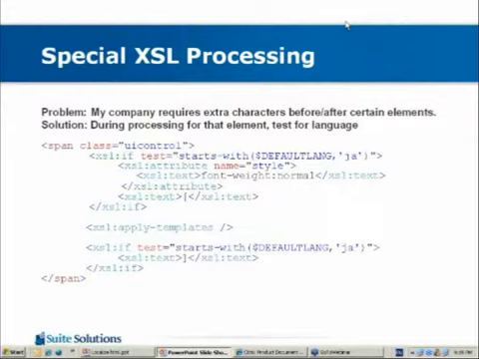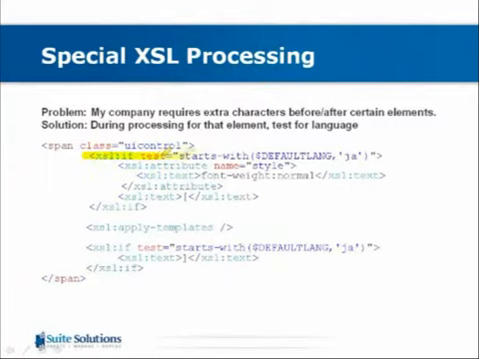I want it to be a square bracket before every UI control and a square bracket afterwards. So you can test for language. You have an xsl:if. It's a test. It tests for, in this case, the default language, or we can test for the xml:lang at the top of the document. And I say, if it starts with ja, then do this. And that will do the processing.